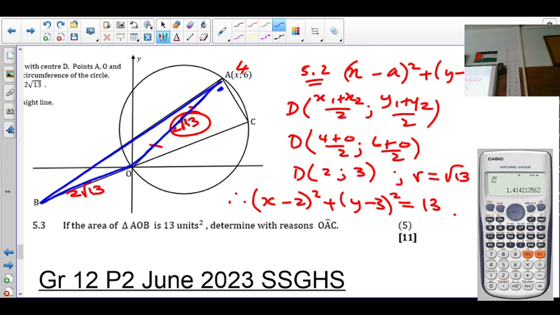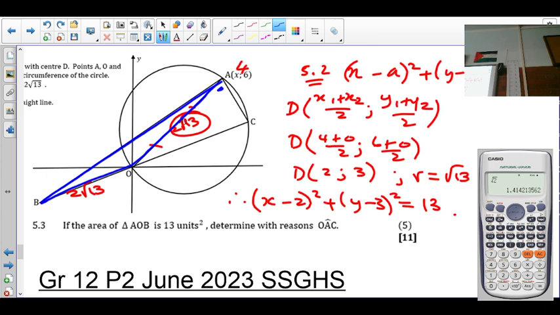How do we calculate the area of a triangle? Half base times perpendicular height, if it's a right angle triangle. Is this a right angle triangle? No. For a non-right angle triangle, I must use the area rule, not the sine rule, sorry.